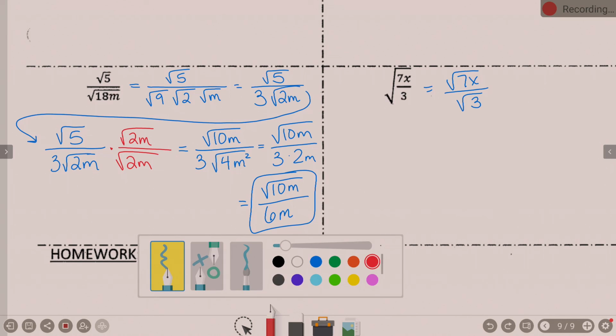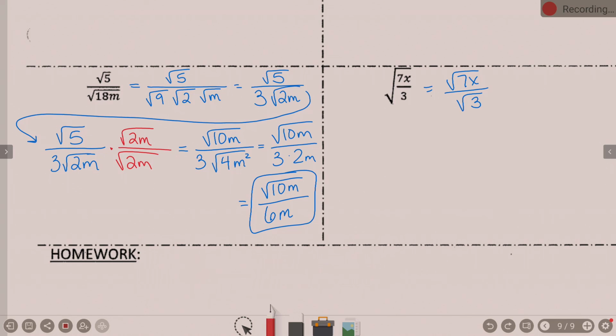You are multiplying by square root of 3. In order to get rid of a single square root on the bottom, you multiply by that same square root. So we're going to multiply by square root of 3.